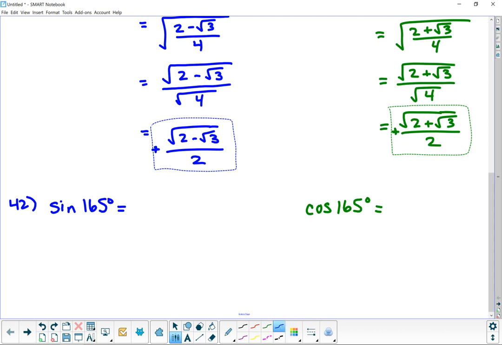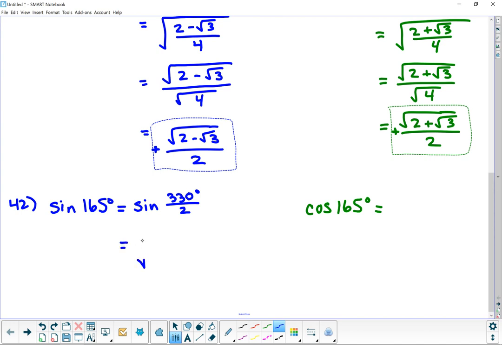Okay, so 165 times 2 is what? 330, I think. Let me double check in my calculator. Yep, 330 degrees. So by doing this sine of 165 degrees, we can rewrite this as sine of 330 divided by 2.